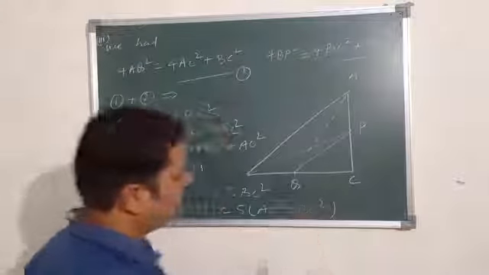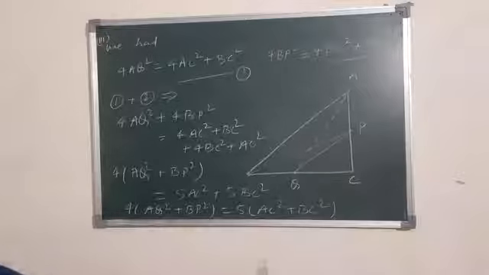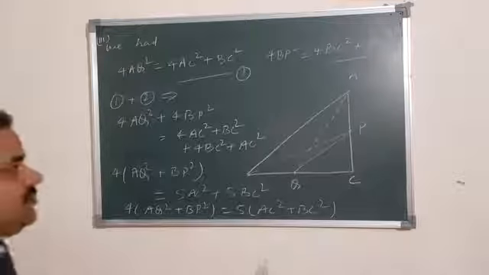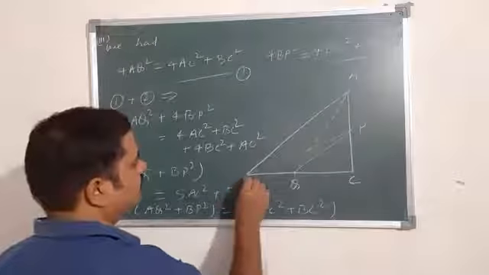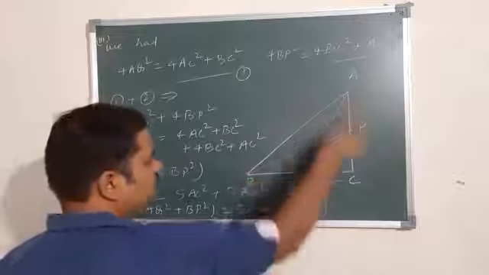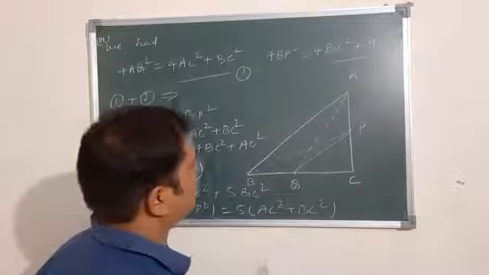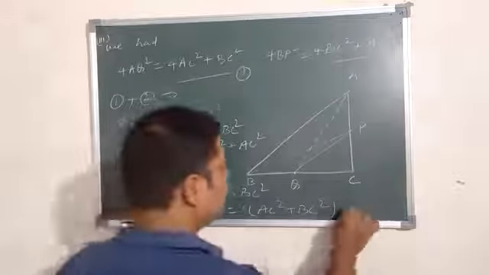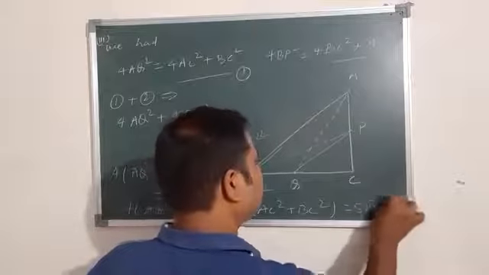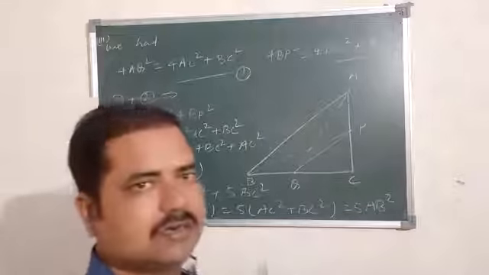And you know very well that AC square plus BC square is AB square. So we can write directly 5AB square, and this is your result.